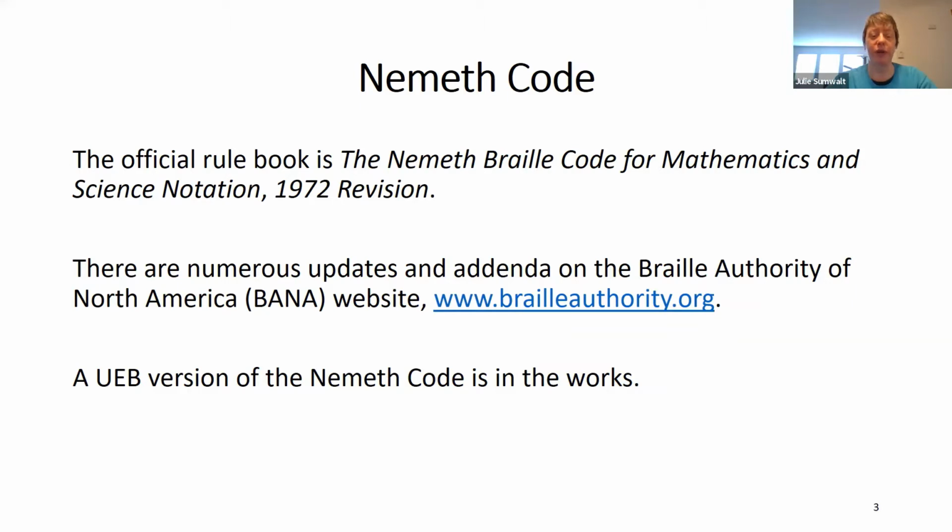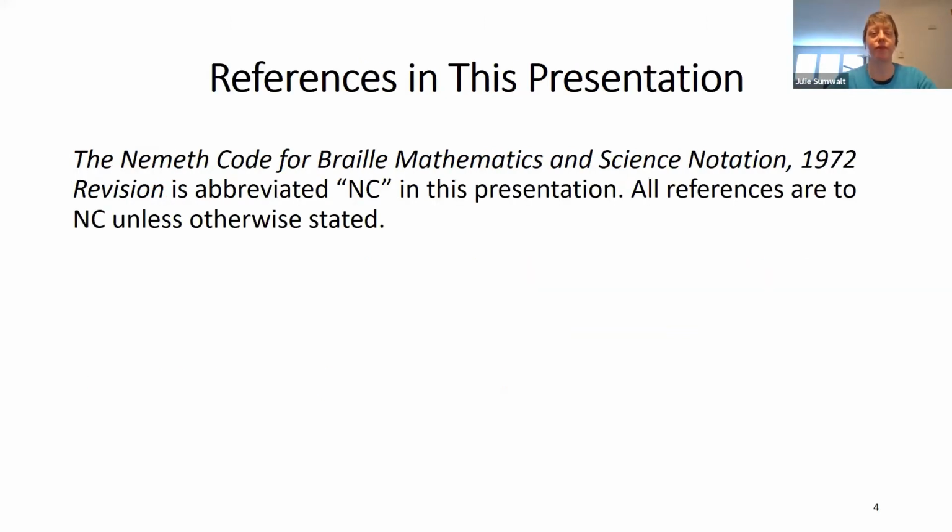There is a UEB version of the Nemeth Code coming along, but it might be a while. The Nemeth Code for Braille Mathematics and Science Notation 1972 revision is abbreviated NC in this presentation. All references are to NC unless otherwise stated.